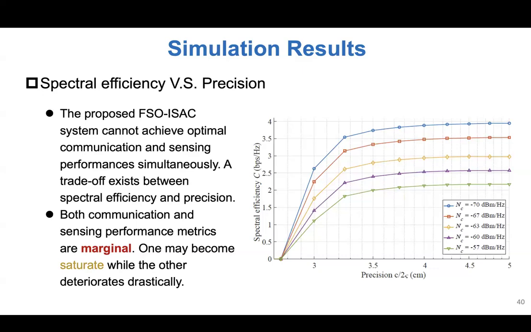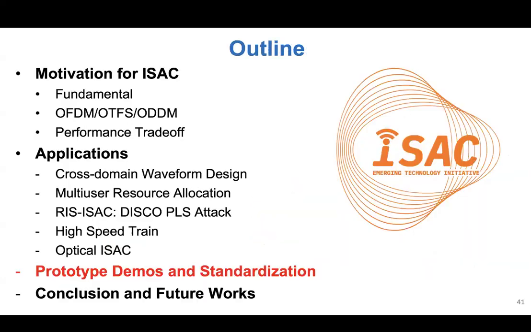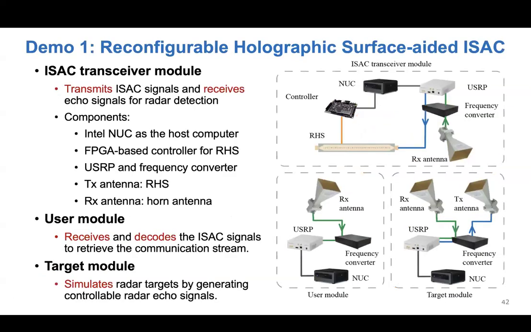And here is this trade-off for spectrum efficiency or capacity, and this is the procedure. And so basically, this is their result. Okay, and finally, we have this prototype demo and standardization. So for the first prototype, we're using the reconfigurable holographic surface-aided ISAC.